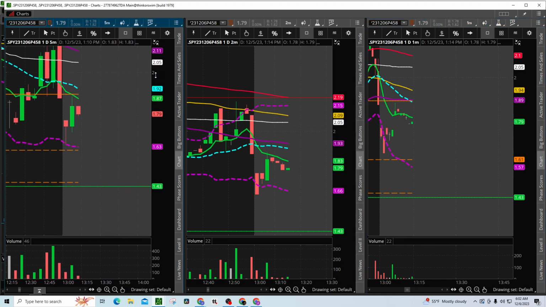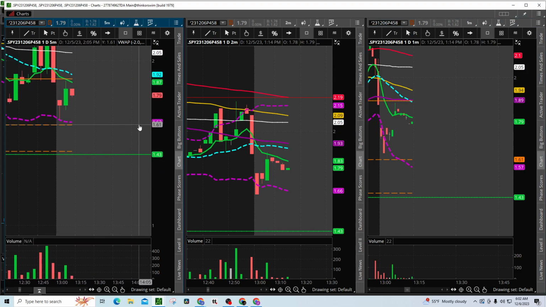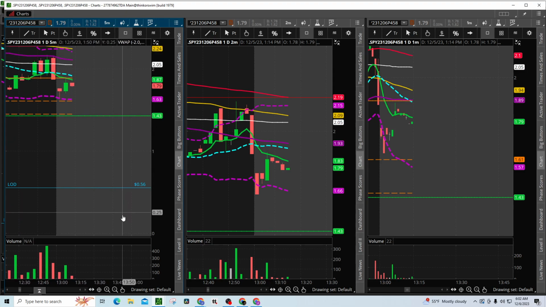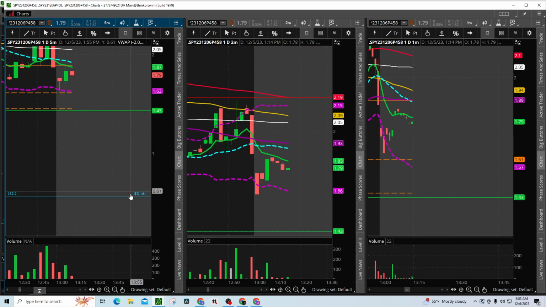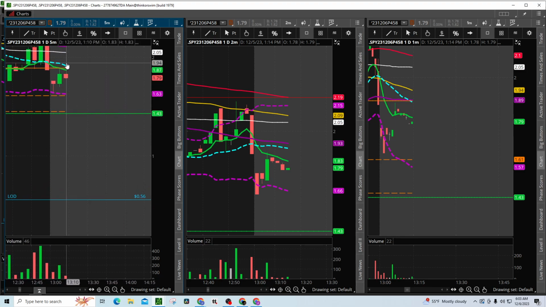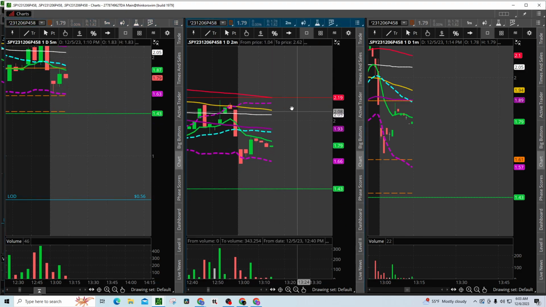The only thing I want to know when I'm about to watch this for the day, especially if these are losing value, is where 0 is, and where the blue line is. It doesn't have to be exactly 0, 15, 20 cents is fine. I need to know where the low of the day is and where this is trending down.